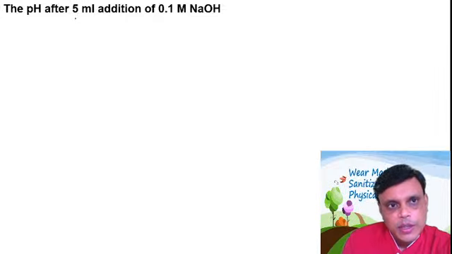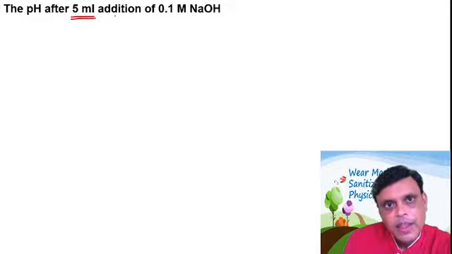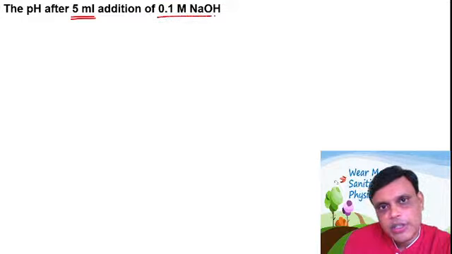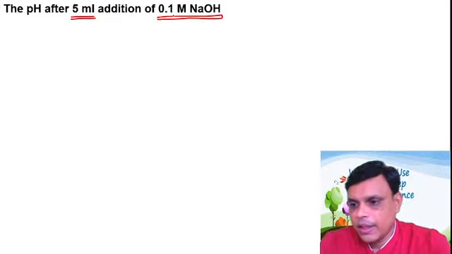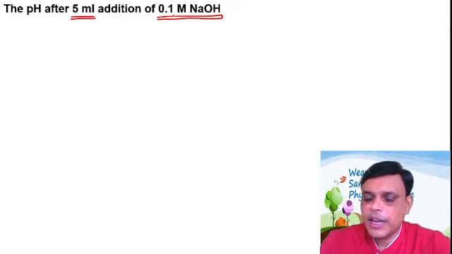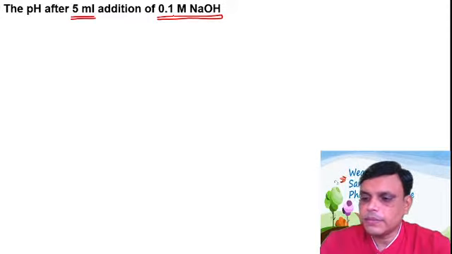Now you people have to calculate the pH after the addition of 5 ml of 0.1 molar NaOH. You calculate this and tell me. You have to calculate and tell me. Okay, come on, tell me quickly. What is the value?